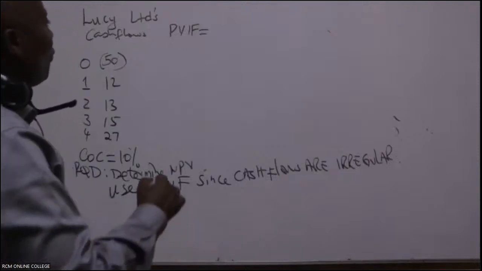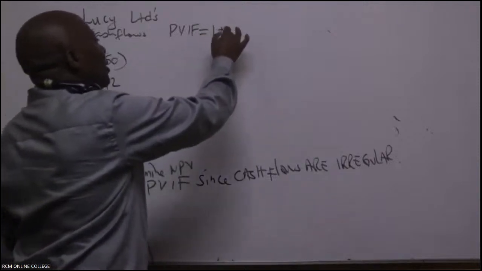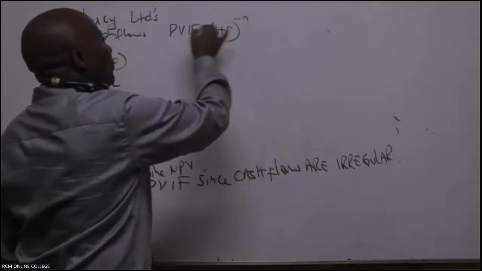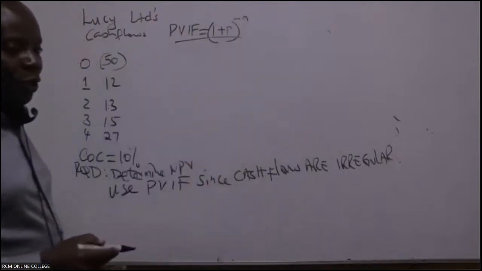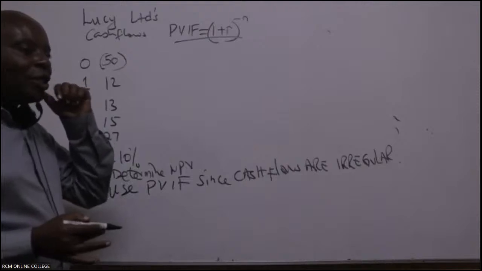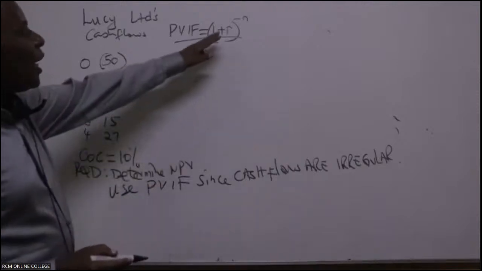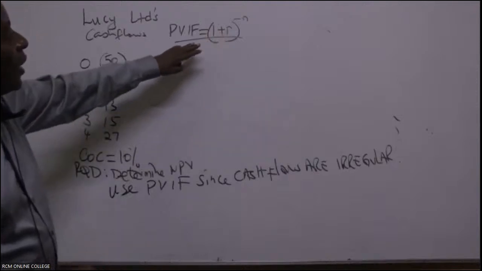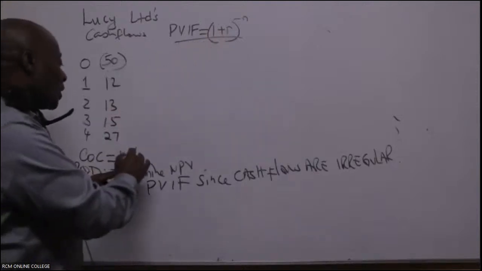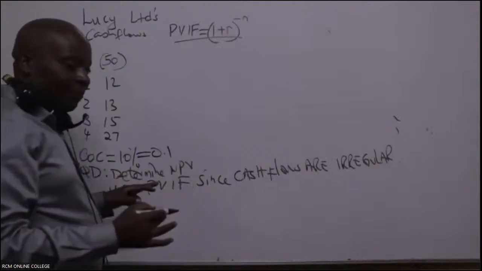And I know the formula is 1 plus r raised to negative n, where of course n is the period. Like in this case, r is 10%. You see, this 10% is the same as 0.1.